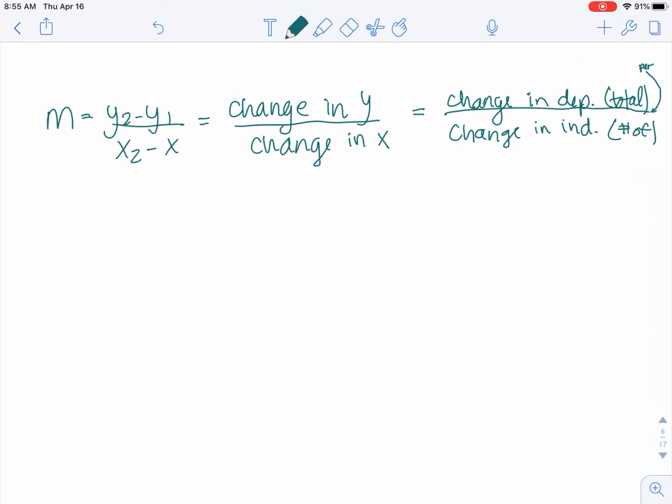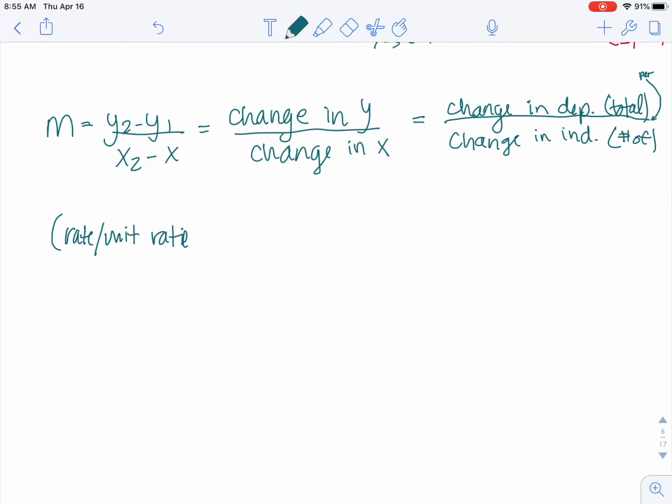This is always written as a rate or a unit rate even. A unit rate is just when your number on the bottom is 1. So it's per 1 hour, per 1 day, whatever. A fraction.